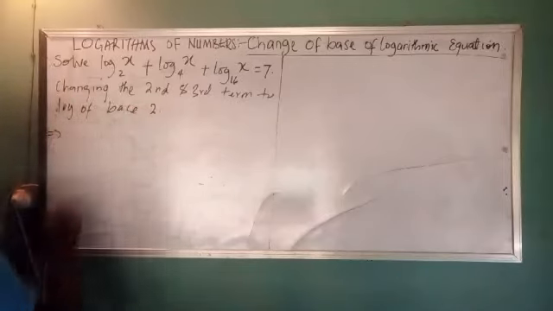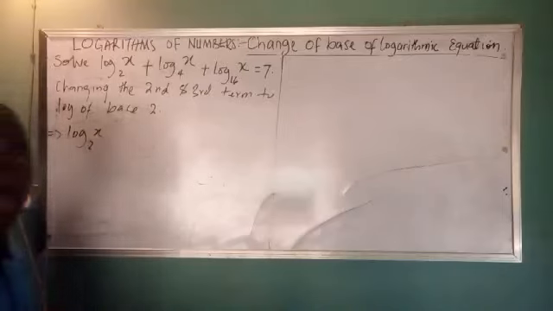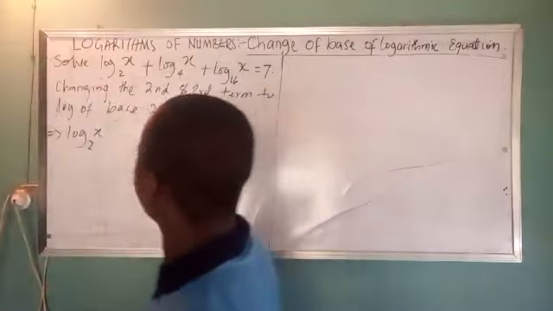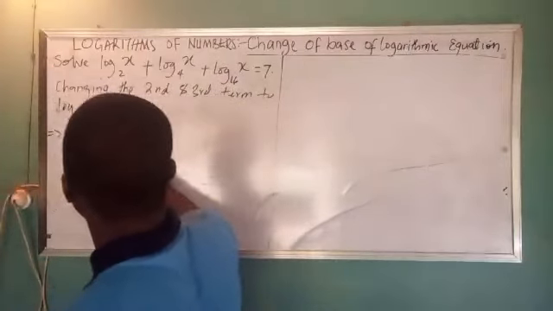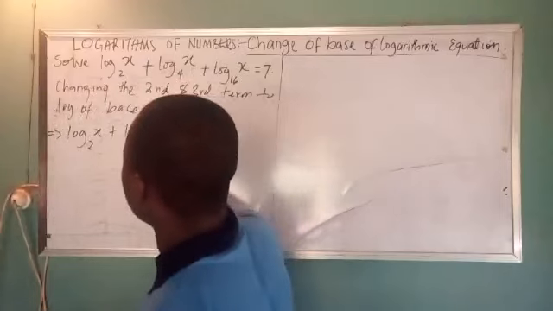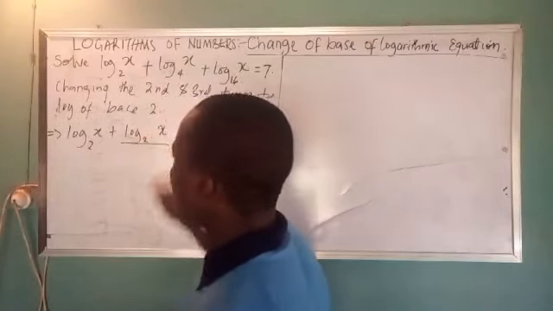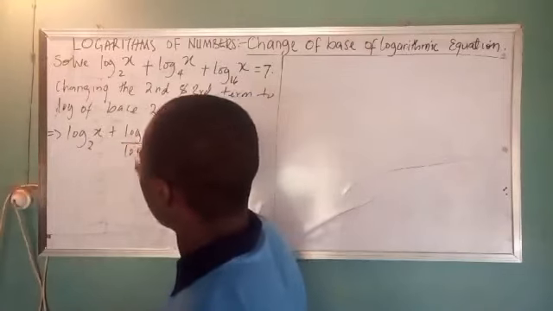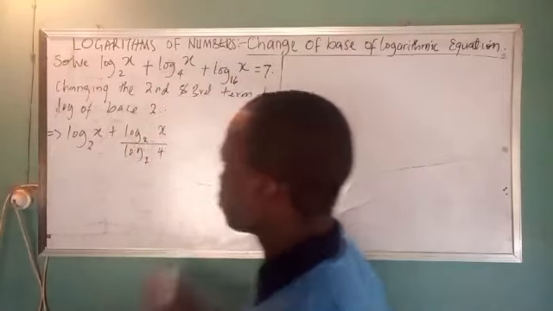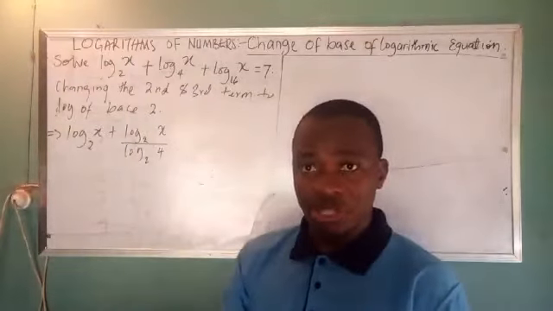To do that, we have log of x base 2 plus log of x to base 2 over log of 4 to base 2. So that's what we have, from the formula we derived earlier.